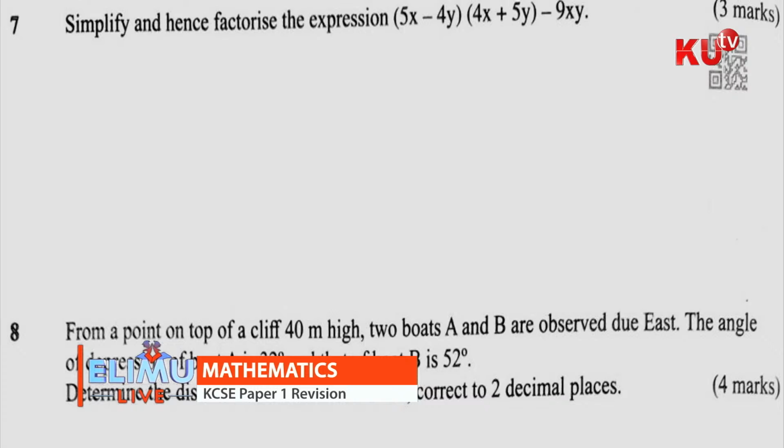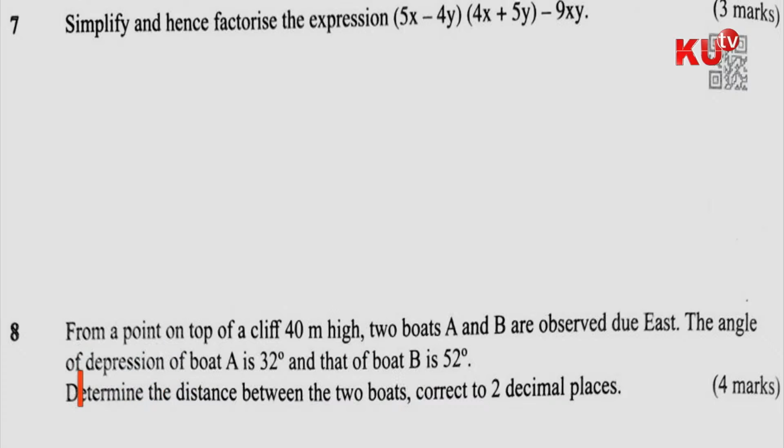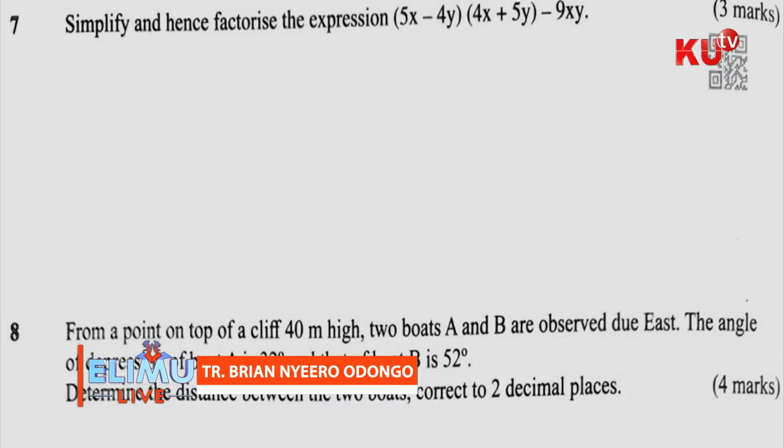The expression is 5x minus 4y, 4x plus 5y, minus 9xy. So the question simply says simplify and hence do what?